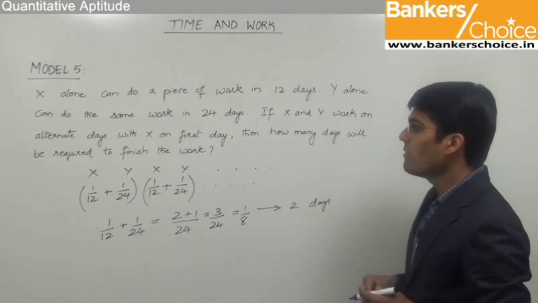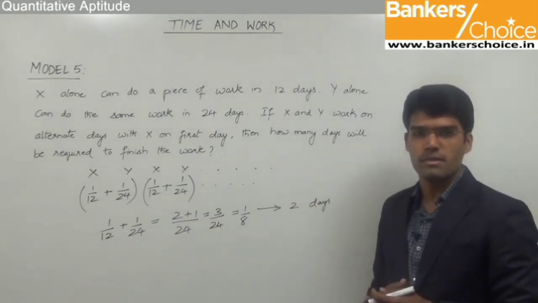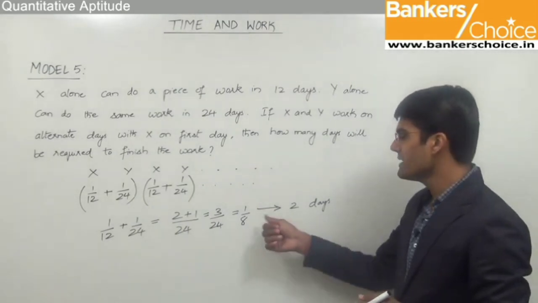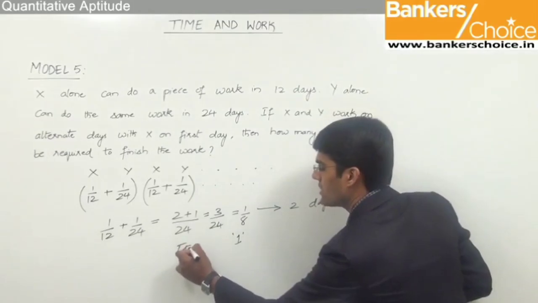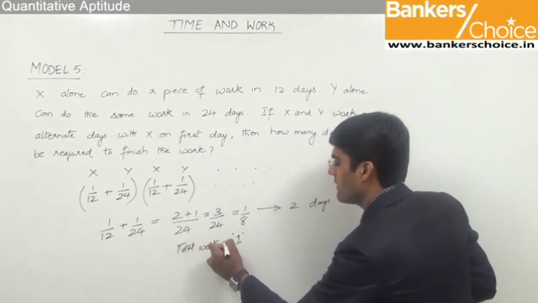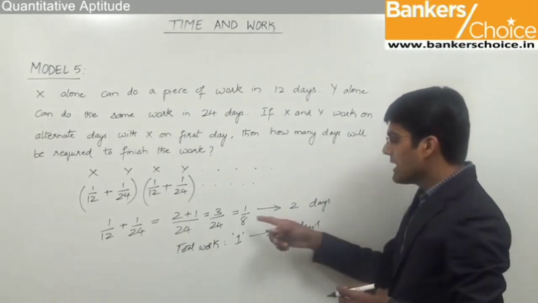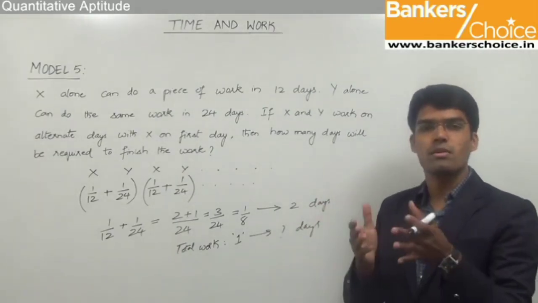But we need to find out the number of days required to finish the total work. And total work, as I've already mentioned earlier, should always be taken as 1 unit. So if 1 by 8 is done in 2 days, the total work of 1 unit will take how many days? Now as we know, work is proportional to the number of days, because when there is more work, more number of days are required.